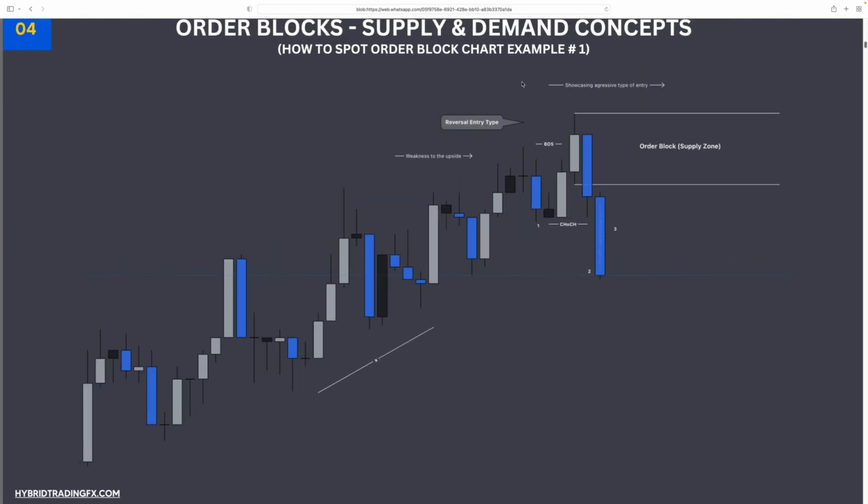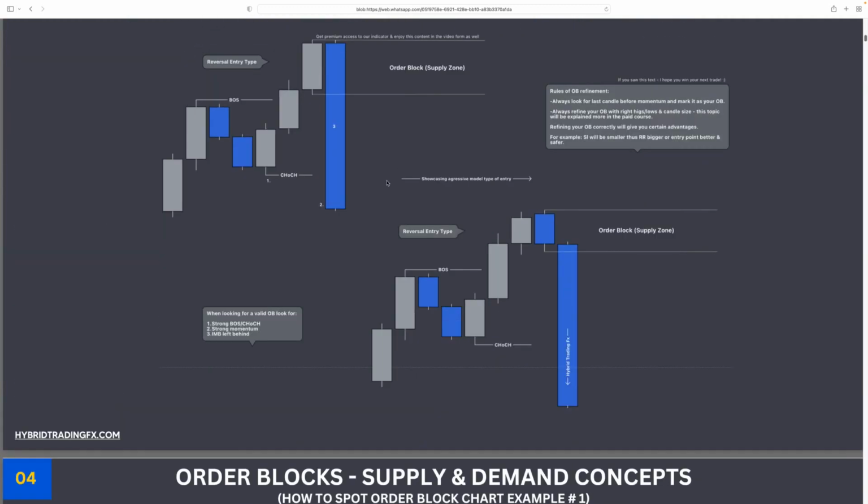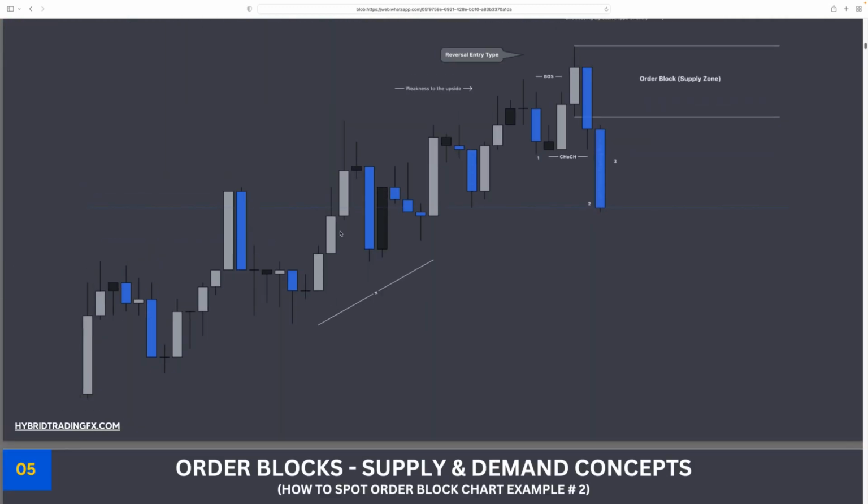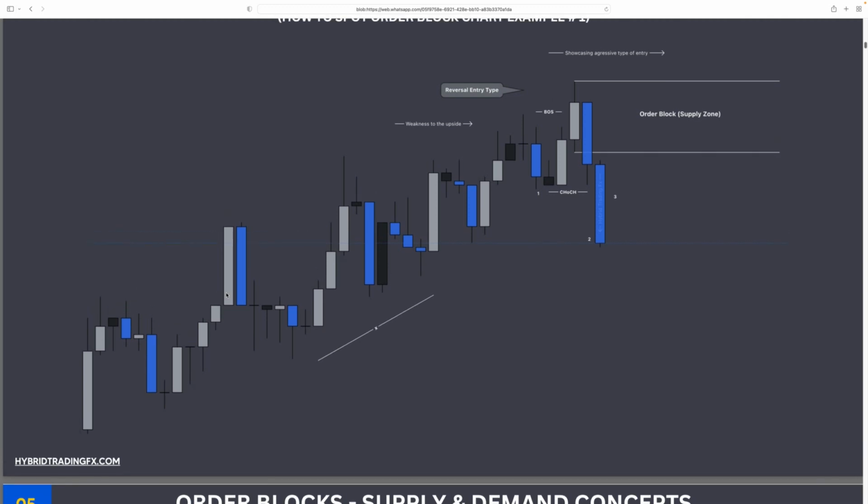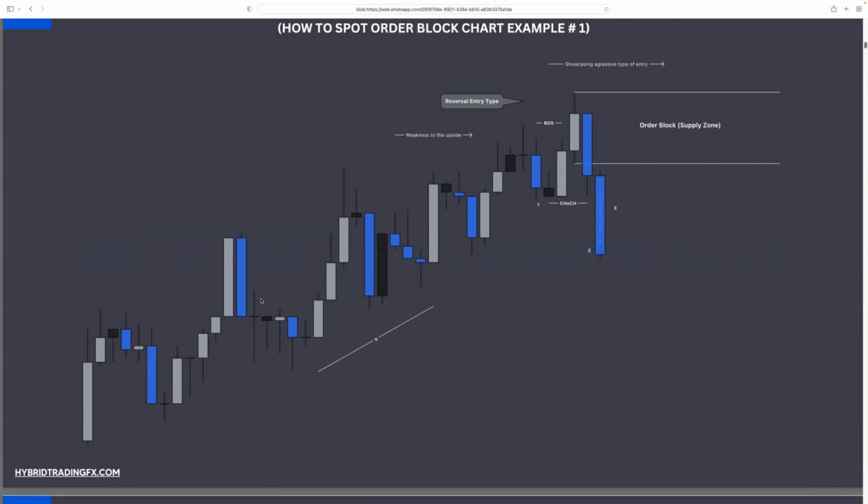So again, this is a chart example of a reversal, price going to the upside. When you're looking at a reversal trade, catching a reversal is going to be a little bit more tricky. If you plan on trading reversals, they can be tricky because you never know when that trend is going to end.